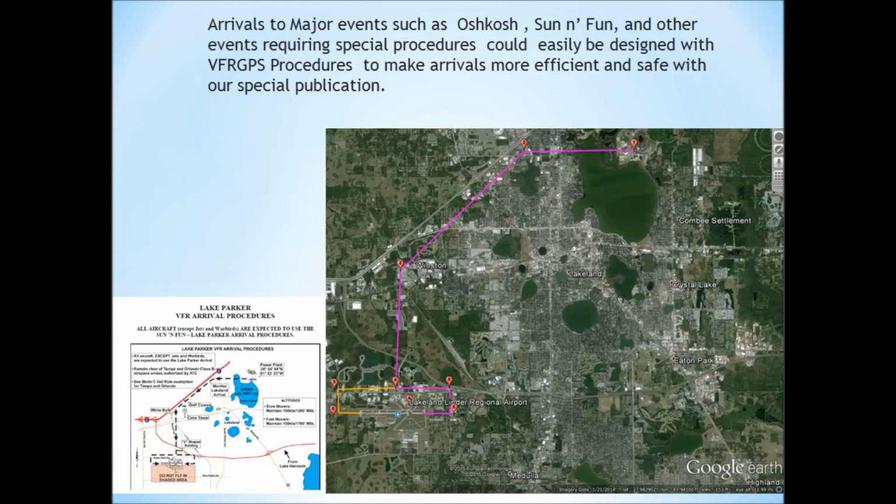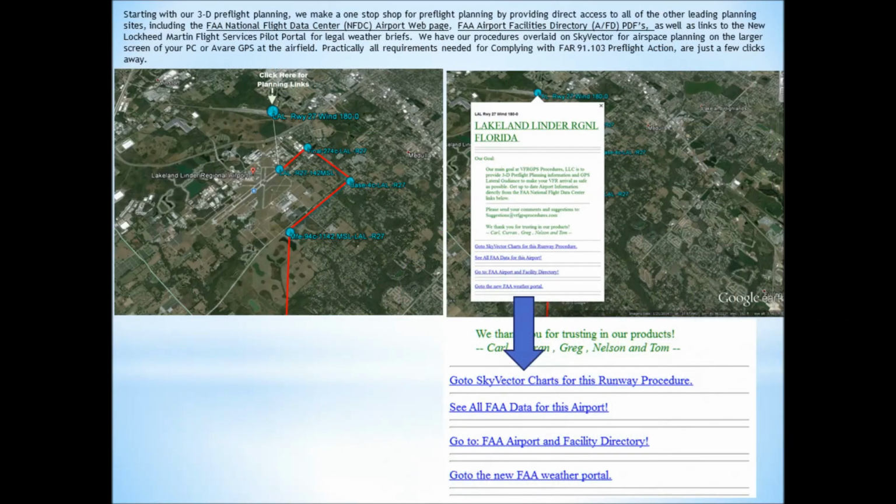Starting with our 3D pre-flight planning, we make a one-stop shop for pre-flight planning by providing direct access to all of the other leading planning sites, including the FAA National Flight Data Center Airport webpage, FAA Airport Facility Directory PDFs, as well as links to the new Lockheed Martin Flight Services Pilot Portal for legal weather briefs.